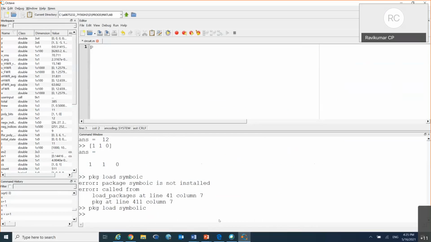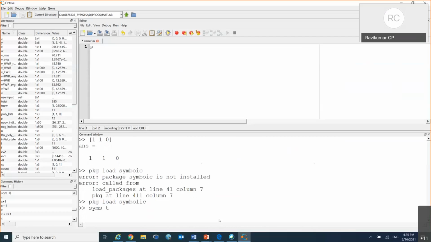So MATLAB is a numerical package, but it can also do symbolic computation. What does it mean? We can declare, let us say, t as a symbol. First time it will take a little bit of time; afterwards, it will be faster.